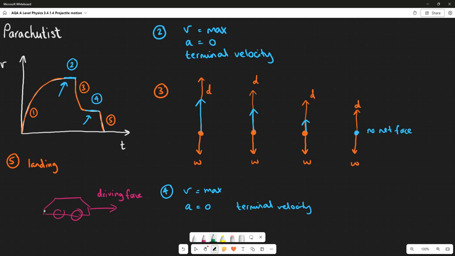And eventually what will happen is that drag will exactly equal the driving force, which means that the vehicle has reached its terminal velocity. So terminal velocities occur when we have vertical motion, but also when we have horizontal motion as well.